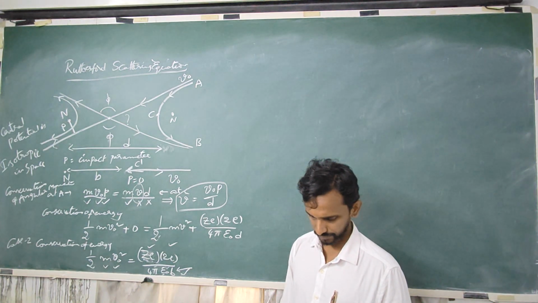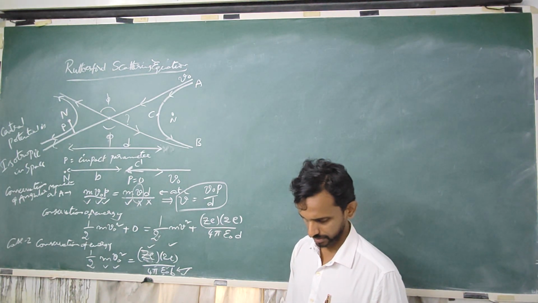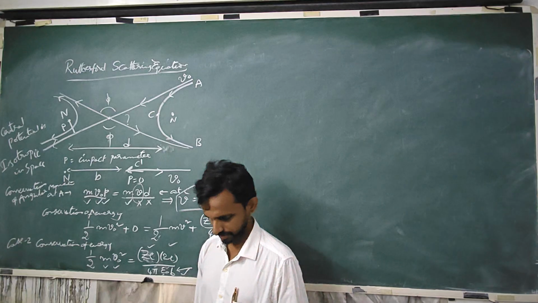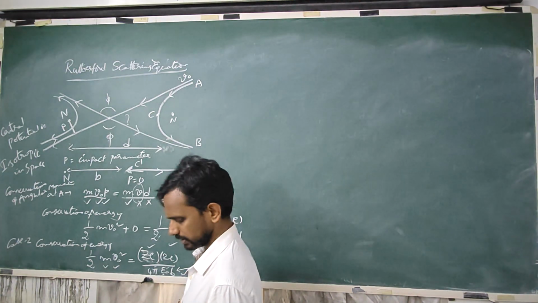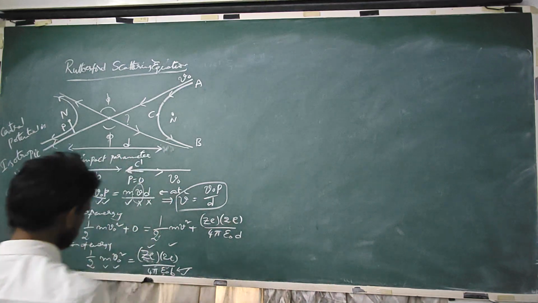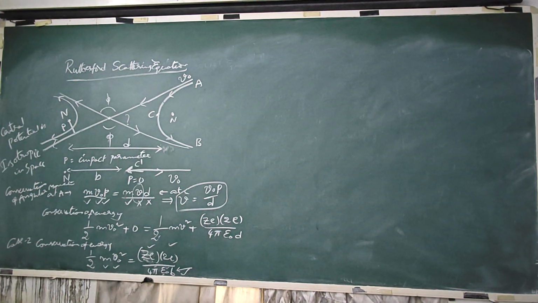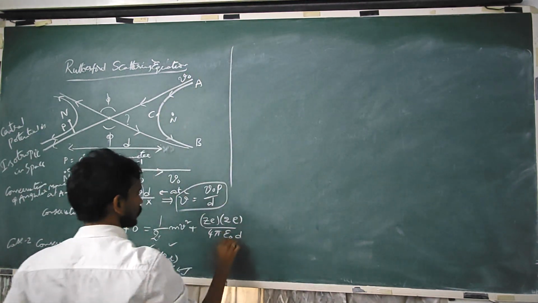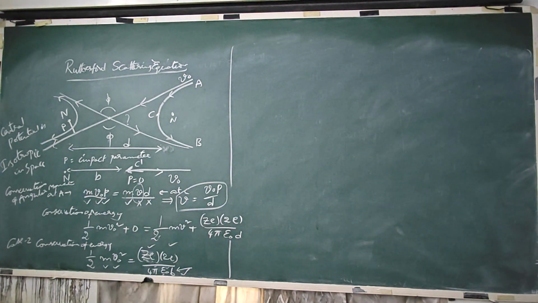Then what all we need to do? So how many equations do we have and how many variables? We got 3 equations, and the number of variables?